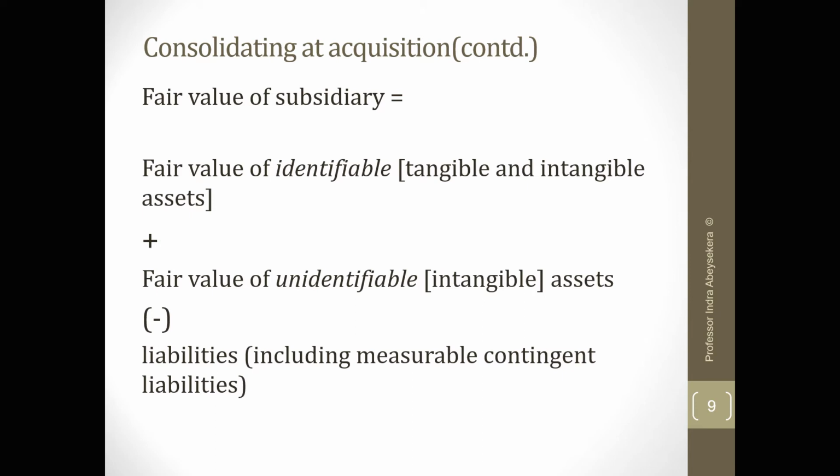So what we know about fair value of subsidiary is fair value of identifiable assets plus fair value of unidentifiable assets minus liabilities, including measurable contingent liabilities.